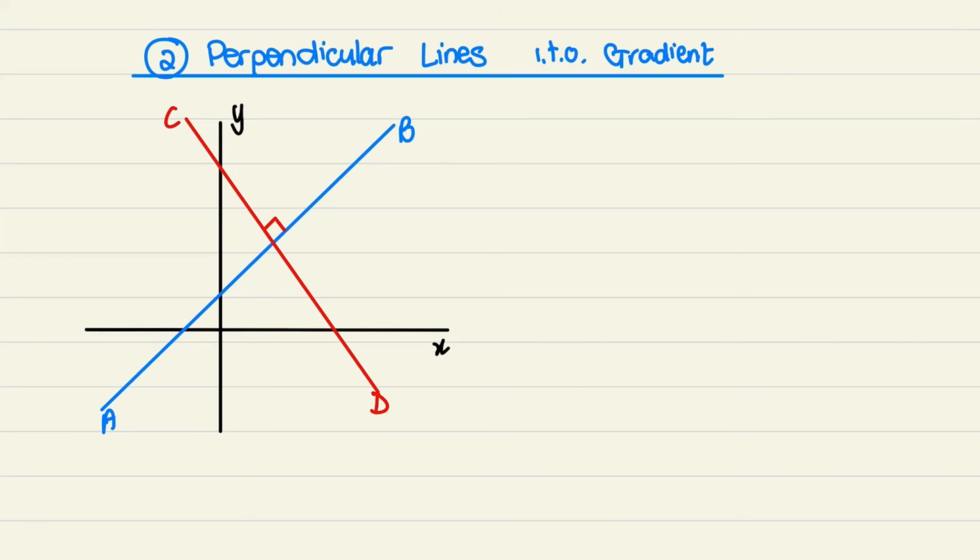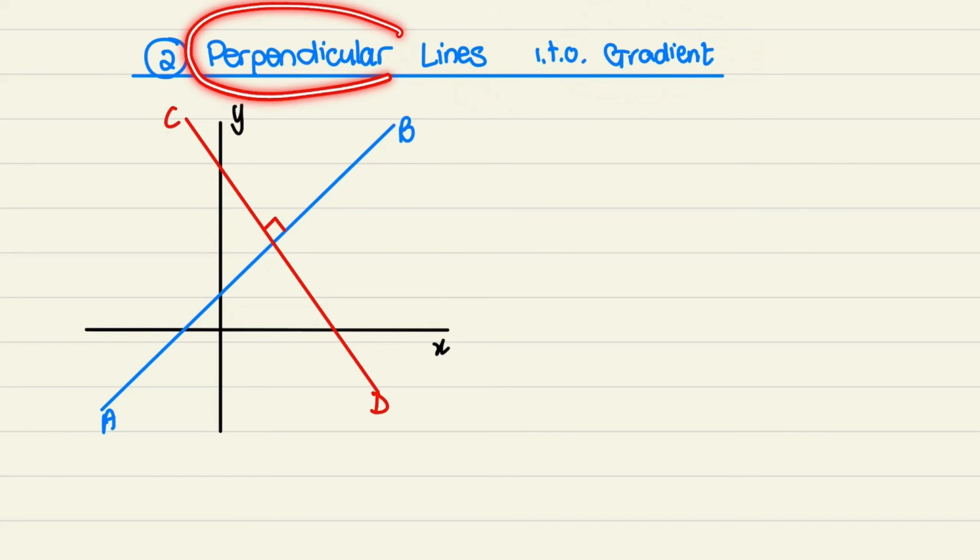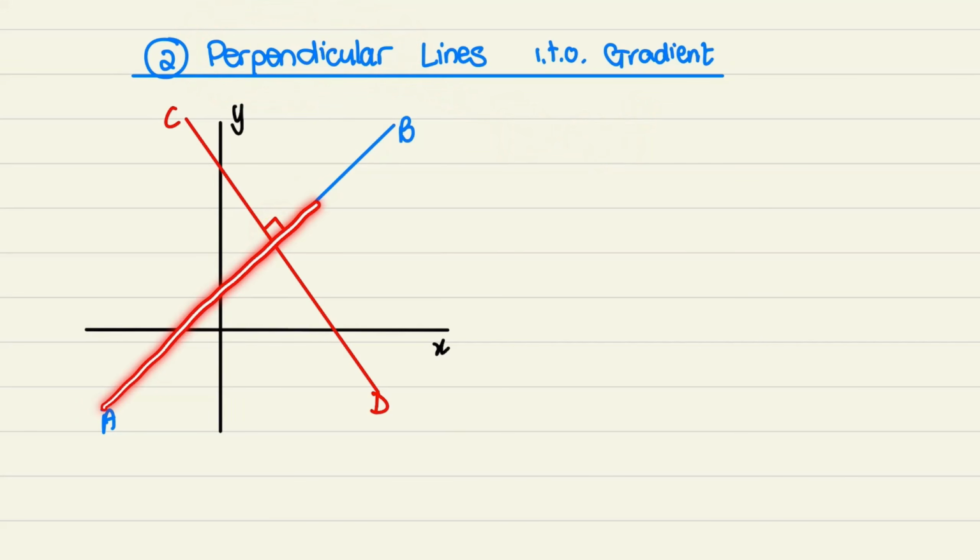In our second example, we'll discuss perpendicular lines in terms of their gradient. The word perpendicular is referring to 90 degrees, or a right angle. So lines that are perpendicular to each other intersect at 90 degrees. So the angle formed between the two lines is equal to 90 degrees.